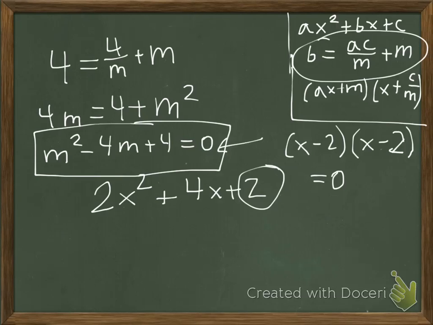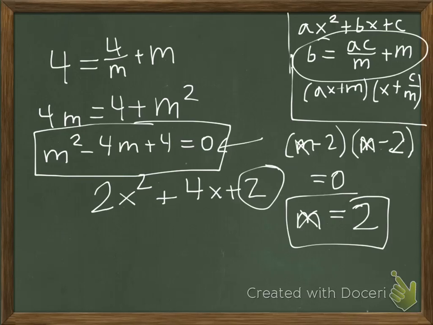We know how to solve this. If you're confused on how to solve these quadratics, you should probably watch my last video. So if we solve this, we get m is equal to 2. So we found our m. So now we can just plug it back in and put our quadratic in its factored form.